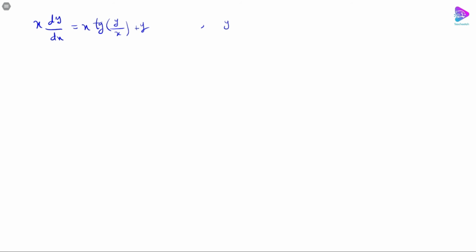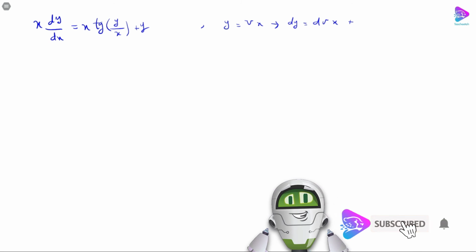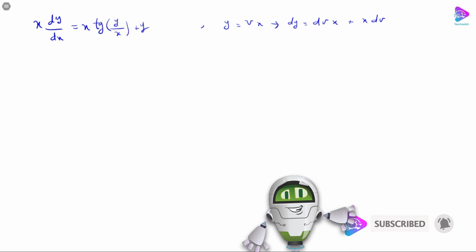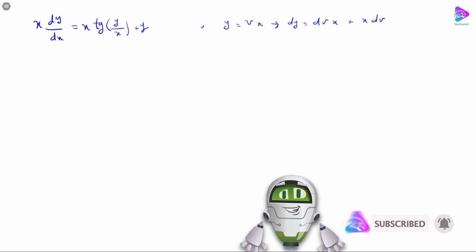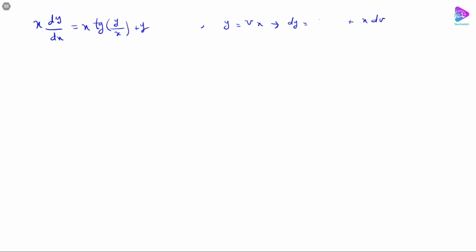Now I'm gonna say y is equal to vx, and therefore dy is equal to v dx plus x dv.